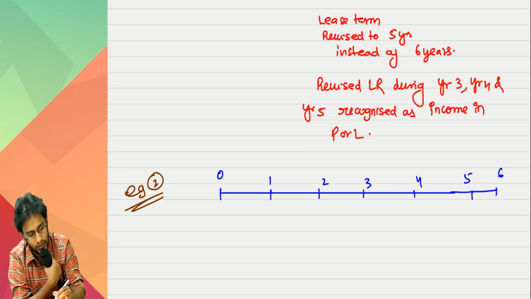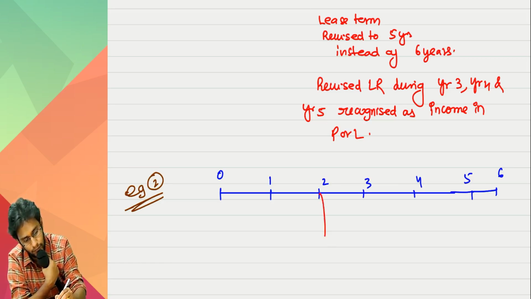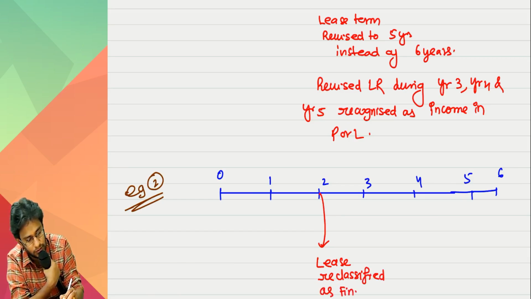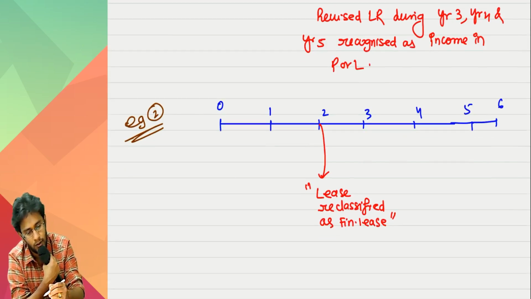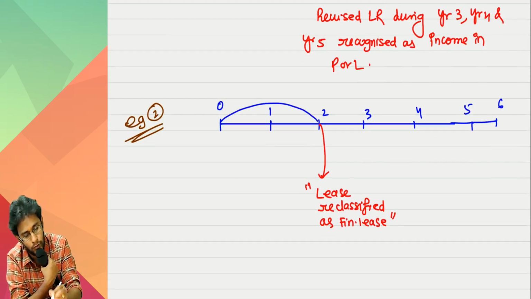So what you should do is, on this date, lease reclassified as finance lease. If lease is reclassified as finance lease on this date, what did you do for the first 2 years?